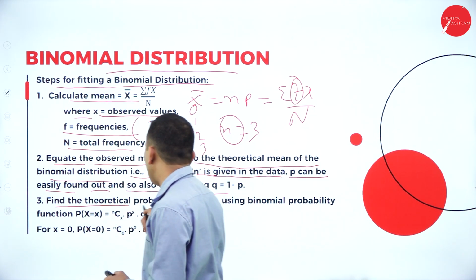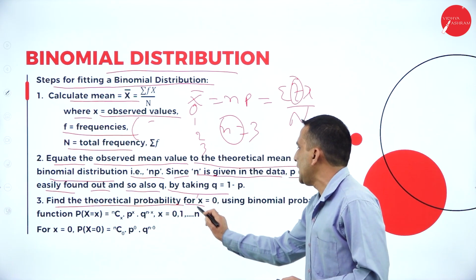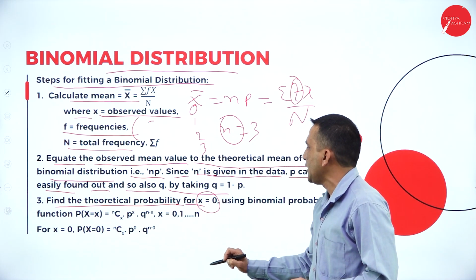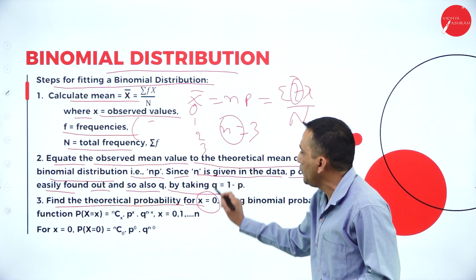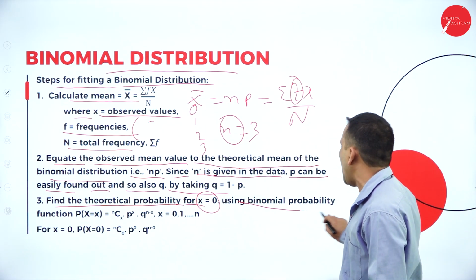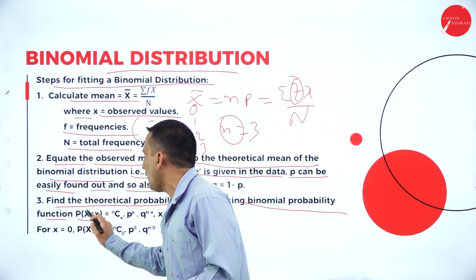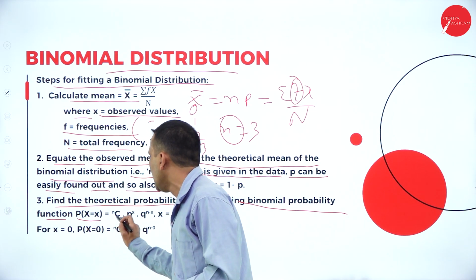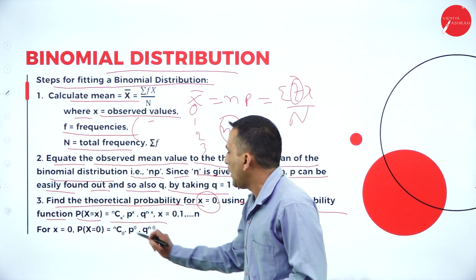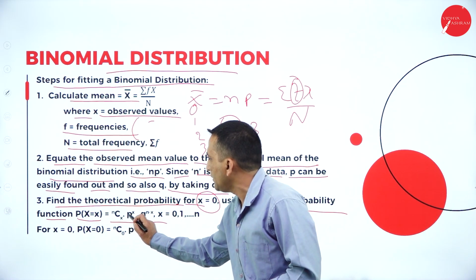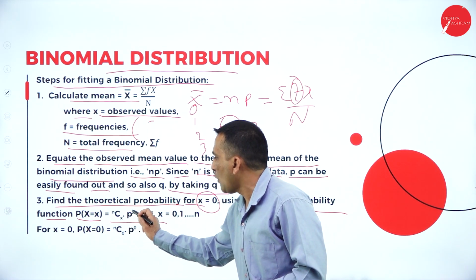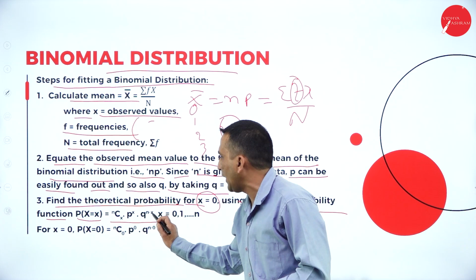Third step, find the theoretical probability for the x series. Small x is equal to 0, so the x value starts from 0. Use the binomial probability function, p of x is equal to nCx p to the power of x, q to the power of n minus x.